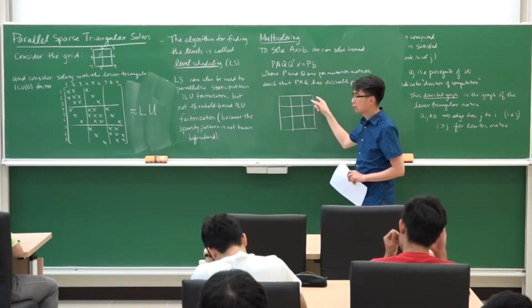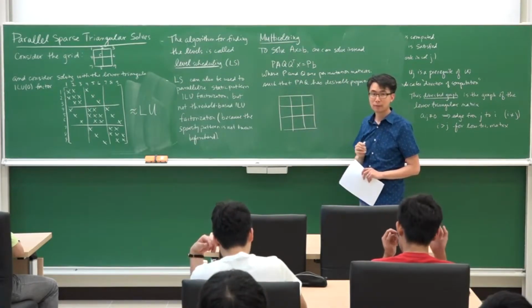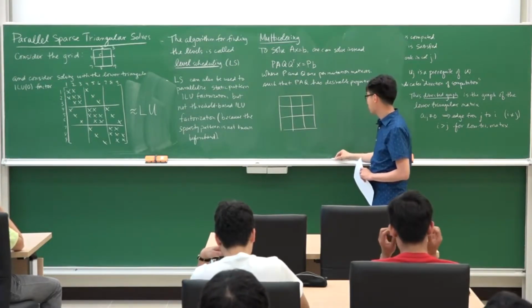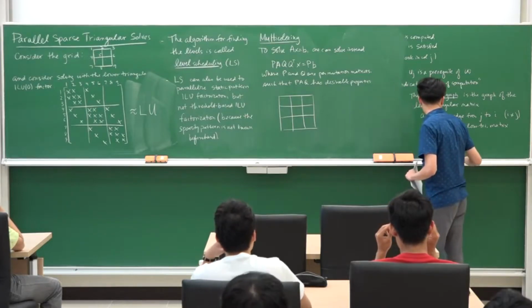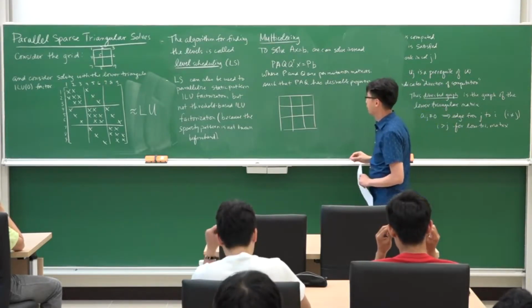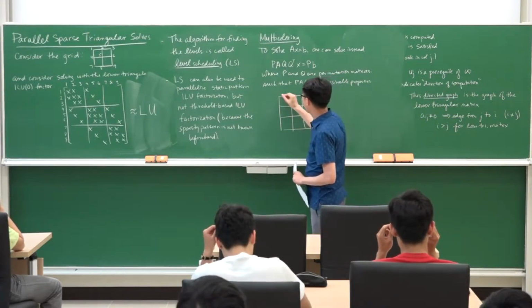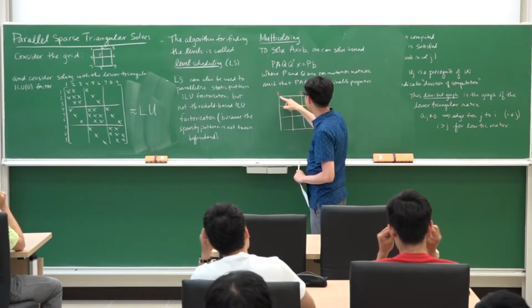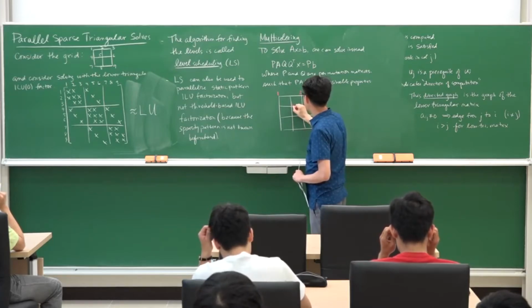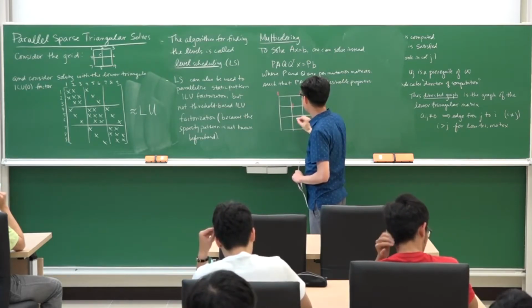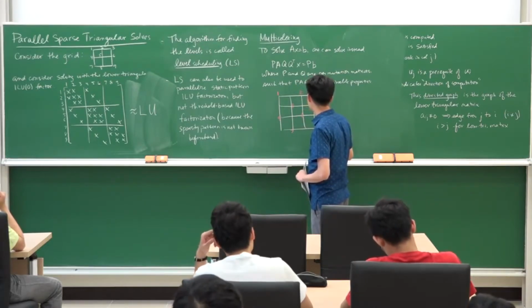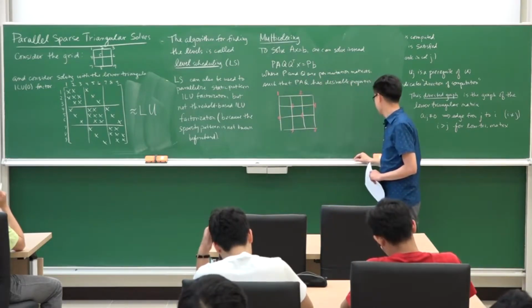Okay, I could number using a natural ordering, but instead of using the natural numbering, let's use another numbering. Like this. I'm just going to use 1, 2, 3, 4, 5, 6, 7, 8. So it's a little bit like a checkerboard.